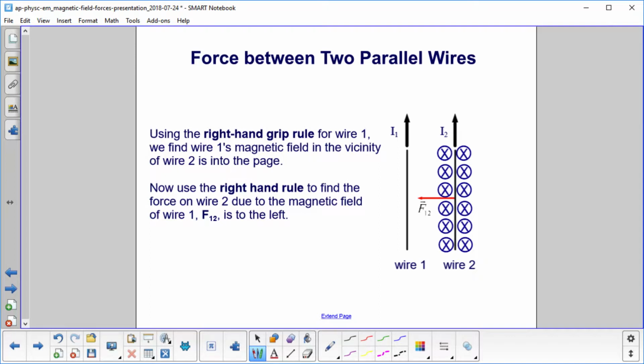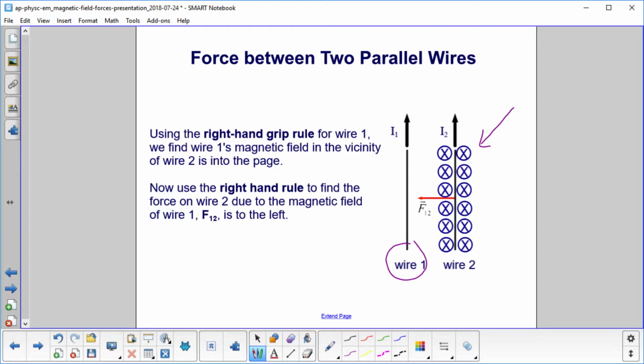We'll use the right-hand grip rule for wire 1, this one over here. You put your thumb in this direction, wrap your fingers around the wire, and you find that the magnetic field on this side is into the page. So I now have a magnetic field into the page near wire 2.